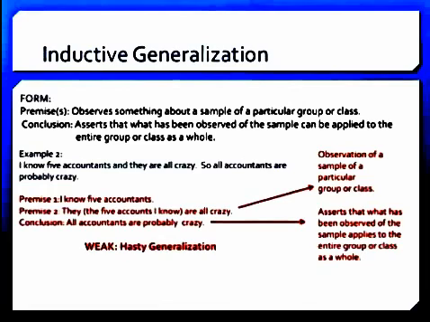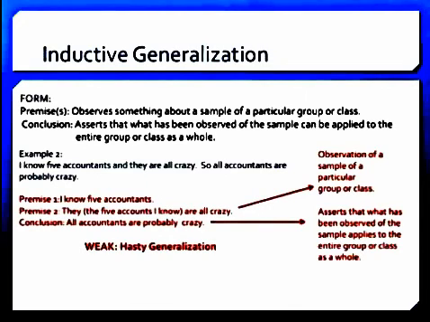Now, notice how in this argument you actually have a very weak argument in terms of the degree or quality of strength in the argument. The premise that 5 accountants I know are all crazy does not support the probable truth of the conclusion that all accountants are probably crazy. Part of this is because the sample size here, 5 accountants, is way too small to support this kind of generalization.